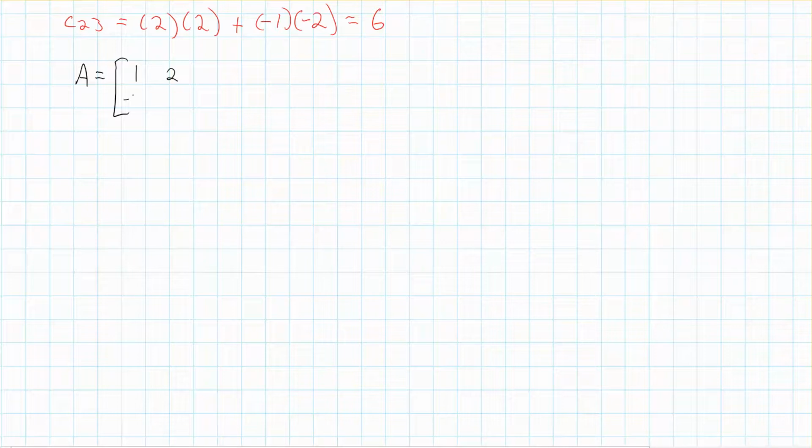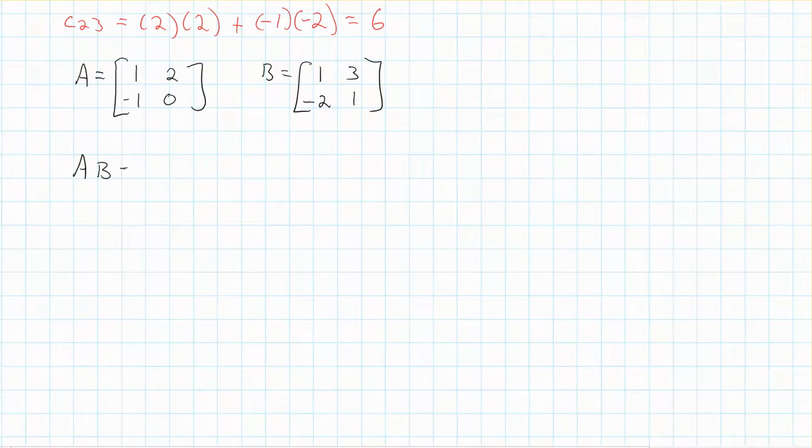A is 1, 2, negative 1, 0, and B is equal to 1, 3, negative 2, 1. So let's do A times B. They're 2 by 2s, so I can definitely do all of the multiplication in either direction.